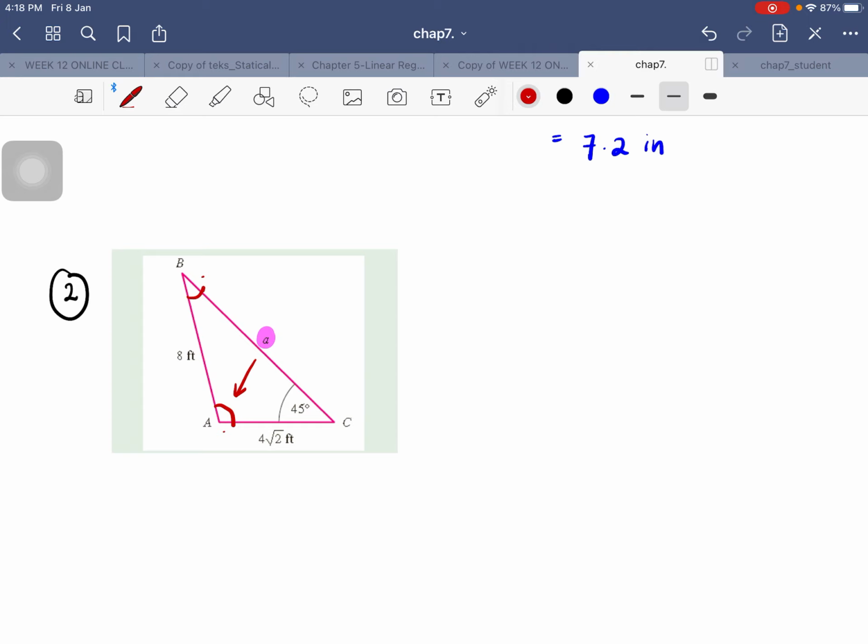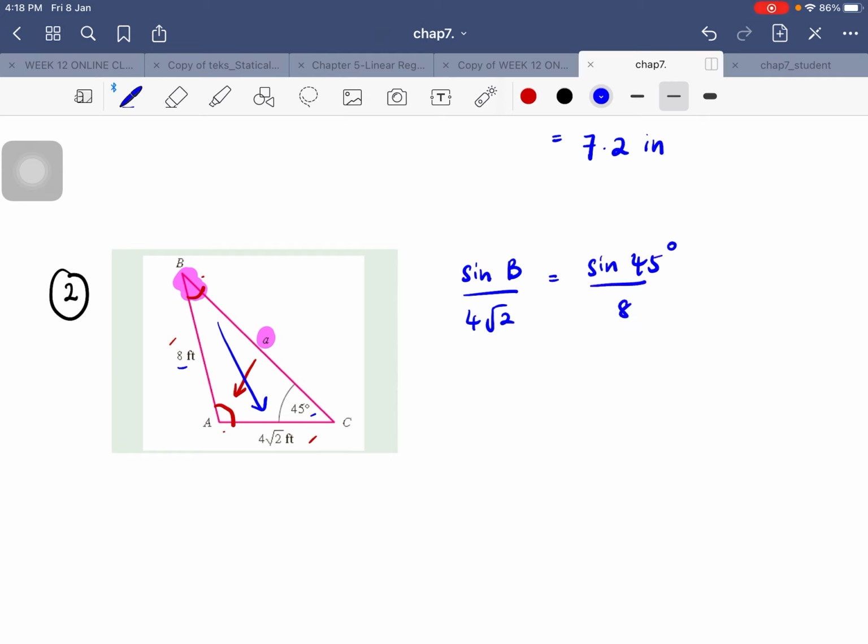So what I'm going to do first is use both of these lengths, that we have information about. I'm going to find this angle right here, which is the angle of capital B. So sine of capital B over the length opposite to it, given by 4 square root 2, equals sine of 45 degrees over the 8 feet.